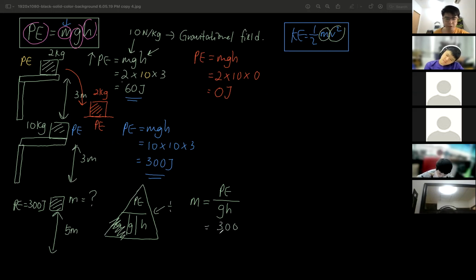Yes, 300 over 10 times 5. How do you calculate this? Can I take 300 divided by 10 first? No. You do the bottom first. Yes, 10 times 5 first, because 300 is dividing these two together. So you do 300 over 10 times 5, 50, equals 6 kg.